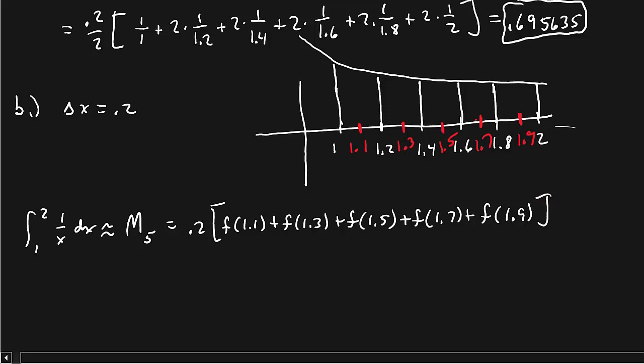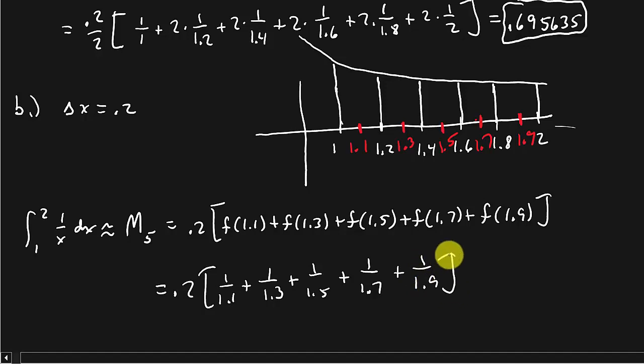And so that is going to give us 0.2 times, and then we take each one of these values and plug them into the function 1 over x. So that's 1 over 1.1 plus 1 over 1.3 plus 1 over 1.5 plus 1 over 1.7 plus 1 over 1.9.